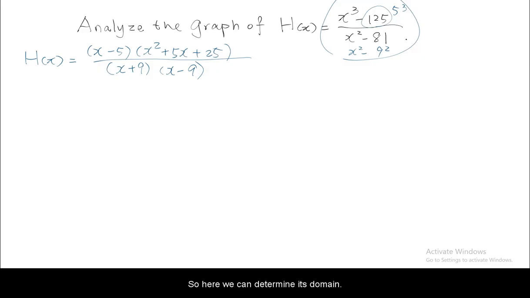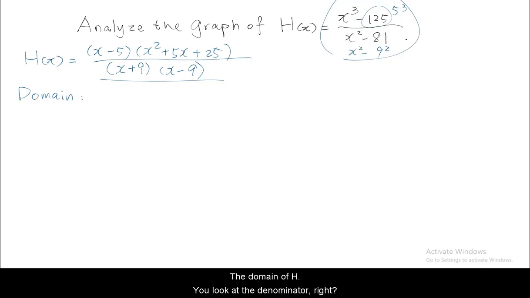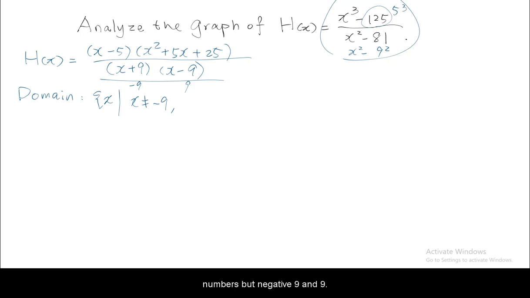So here we can determine its domain. The domain of h, you look at the denominator, right? x cannot be equal to negative 9 or 9. So the domain, you can say x is all real numbers but negative 9 and 9.